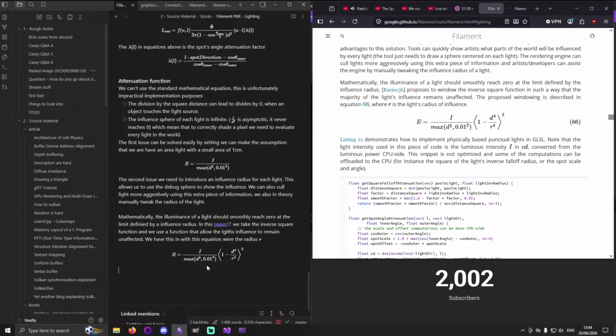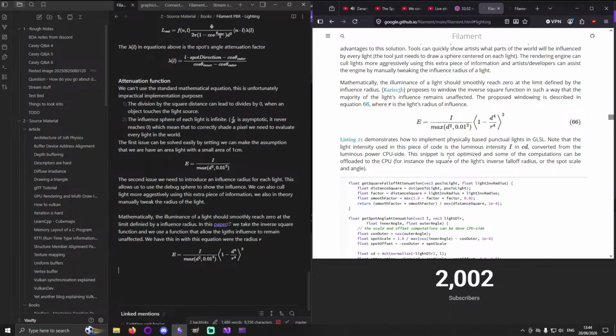Anyway, the listing demonstrates how to implement physically based punctual lights in GLSL. Note that the light intensity used in this piece of code is the luminous intensity I, in candela units, converted from luminous power CPU side.